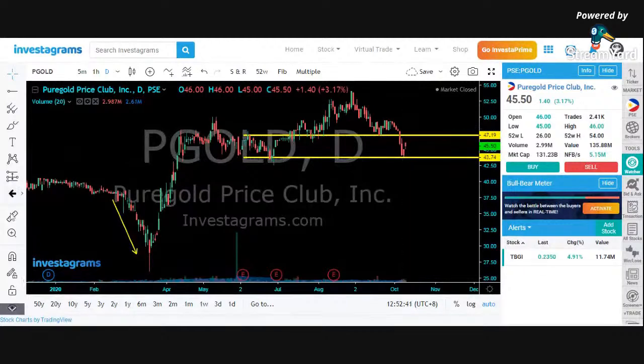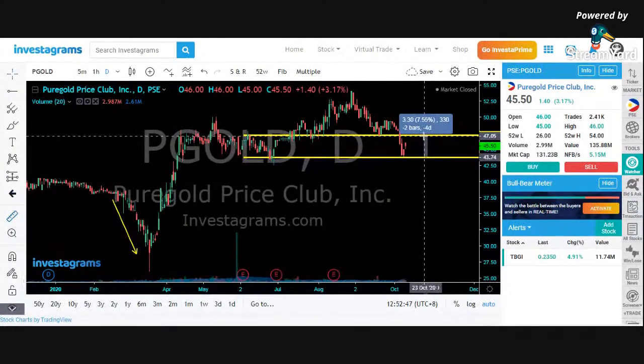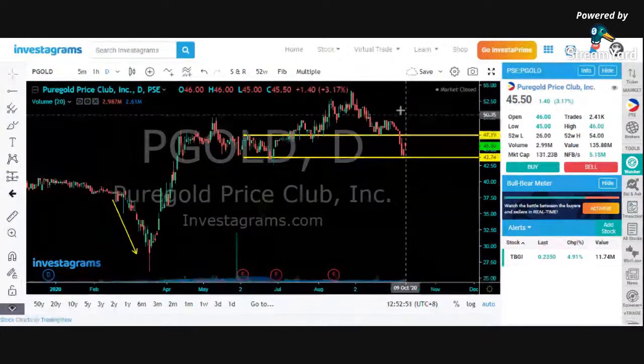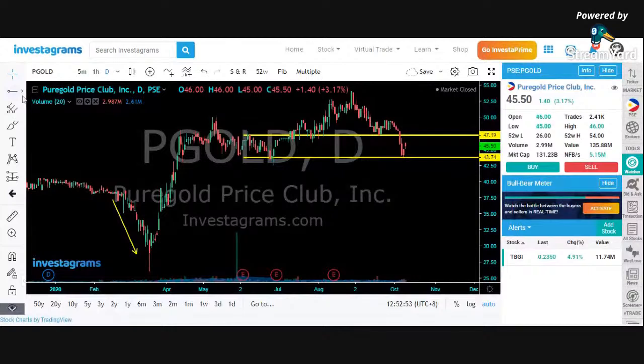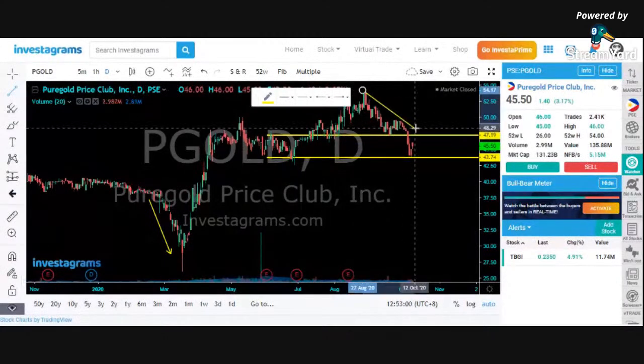How many percent is this from the support? So it is around 7%. Now, if we draw another resistance, the inclined resistance, in this area, draw the high, connect the other high.